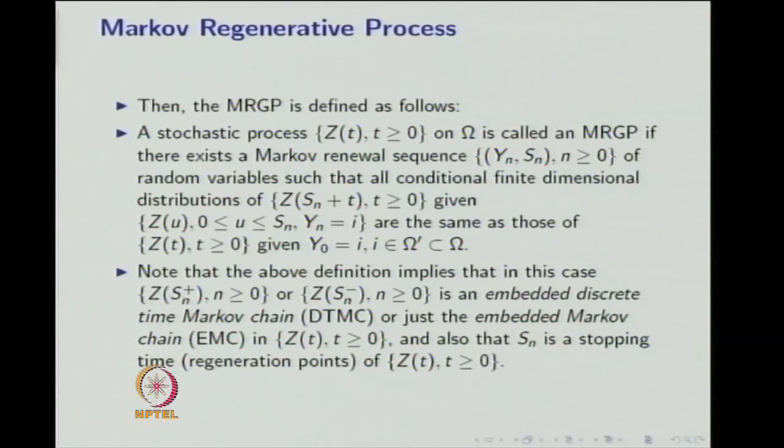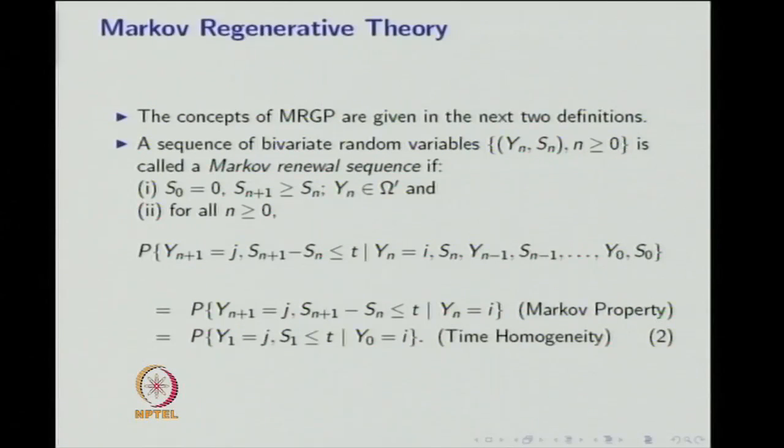Equation number 2 is the conditional distribution of Yn+1 equal to j with the difference of regeneration times less than or equal to t. Because of the Markov property and the time homogeneous property, this is the probability of Y1 equal to j, S1 less than or equal to t, given Y0 equal to i.